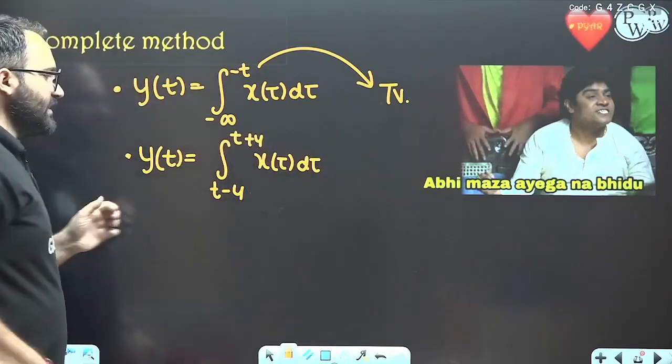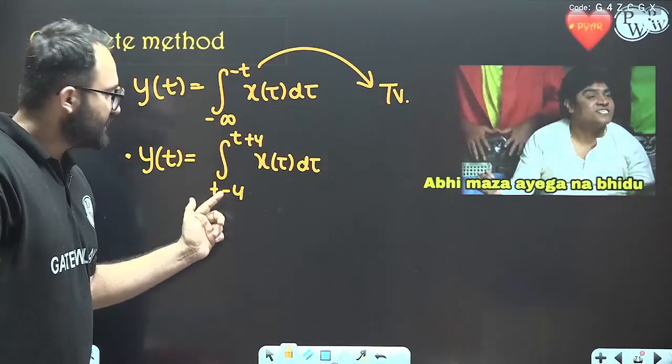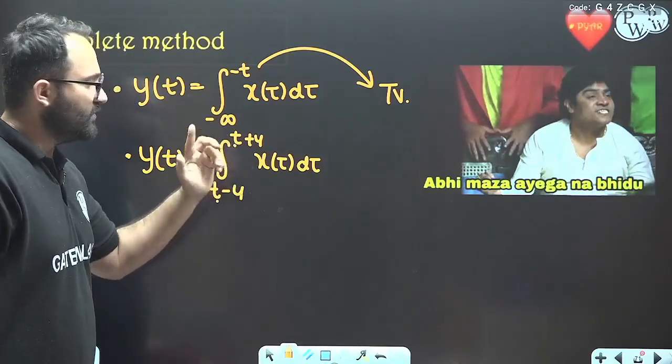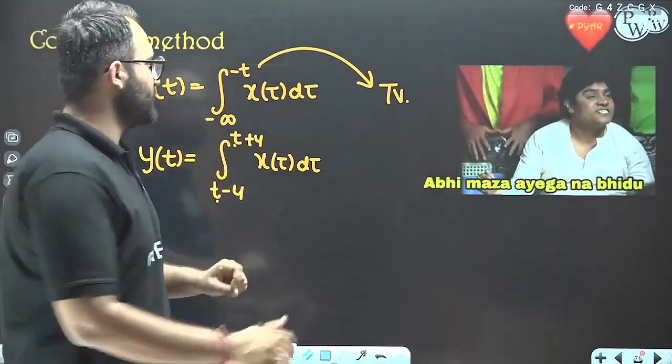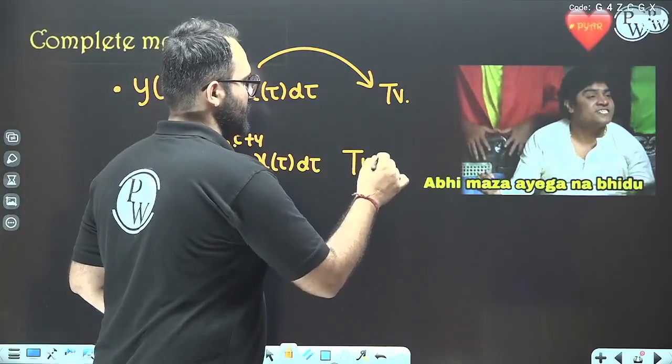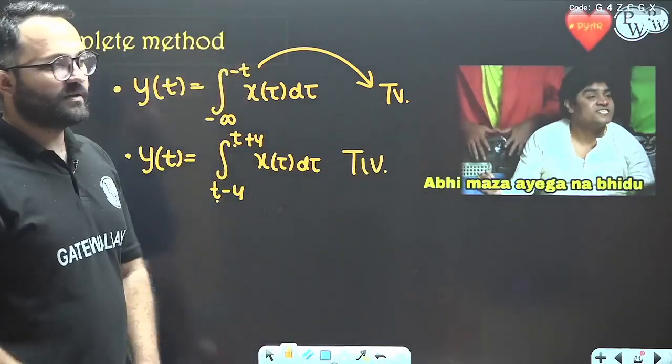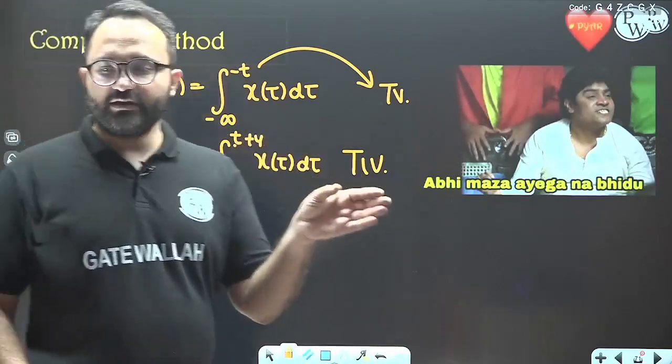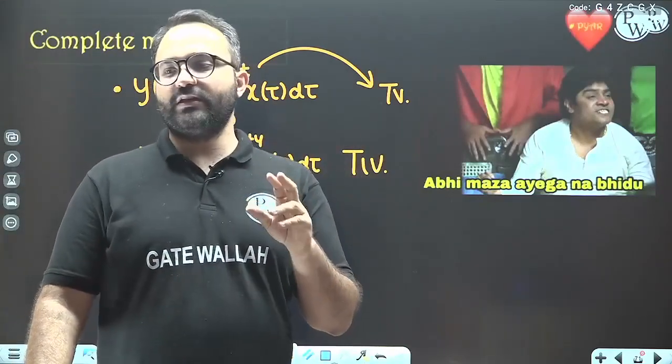So here we can see that variable t in the RHS is intact. Only we have added 4 or subtracted 4. So this is a time invariant system. Okay. So like this you can solve all kinds of time variant and time invariant systems very easily.